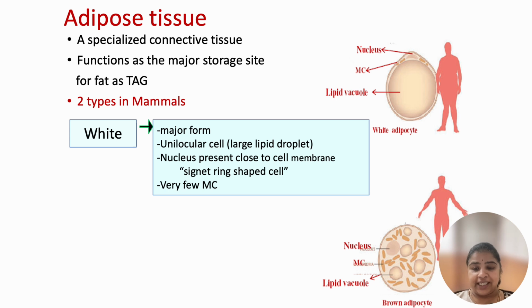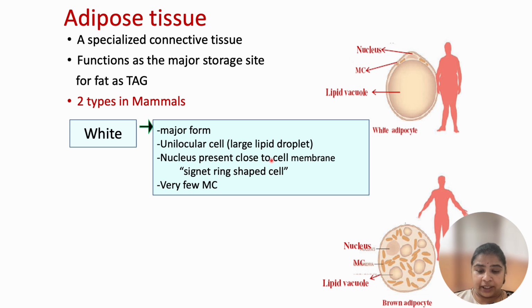So, here we can see the white adipose tissue. Unilocular cell, there is a large lipid droplet that you can see here, and it has almost pushed the nucleus to one side, and you can see a few mitochondria.